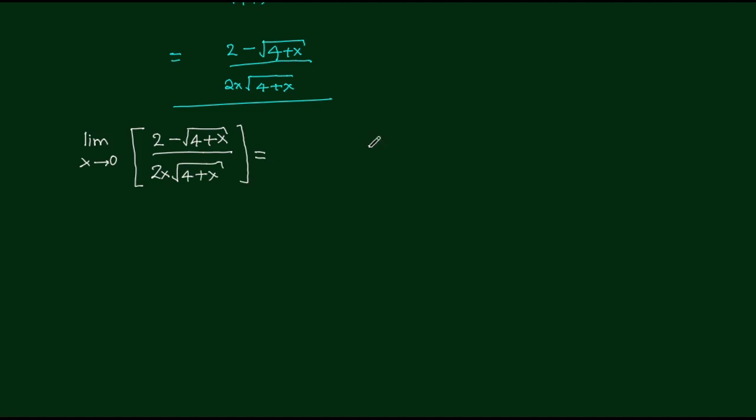So how will this work? Simple. We can move on and recopy our limit as x tends to 0 of, the next thing is multiplying the numerator and denominator by the conjugate of the numerator, and the conjugate is 2 plus under root of 4 plus x.